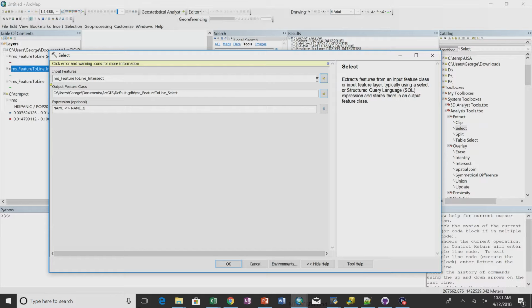Is that good? What's that? Did you click this little button and just actually choose the fields?